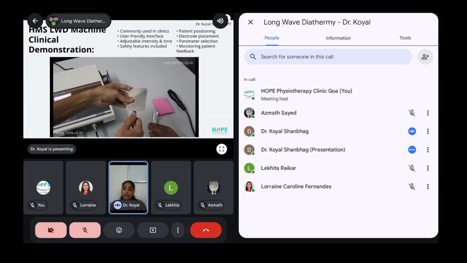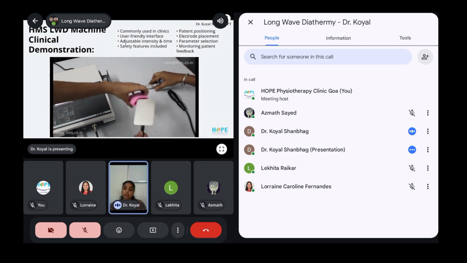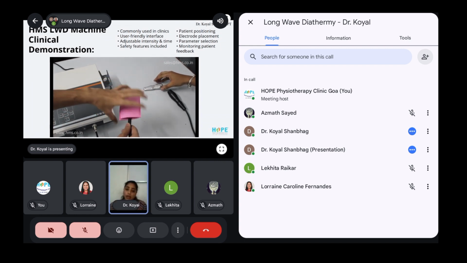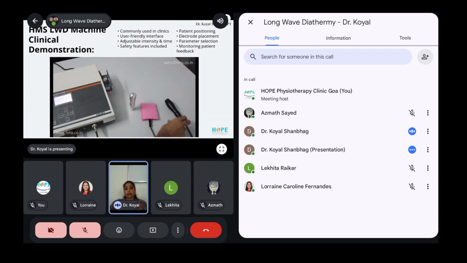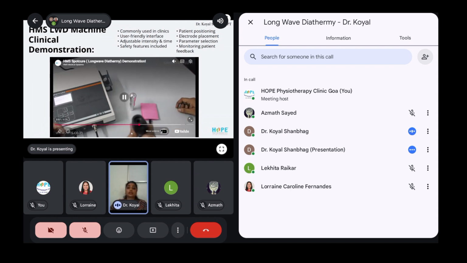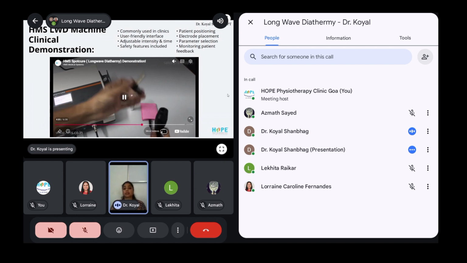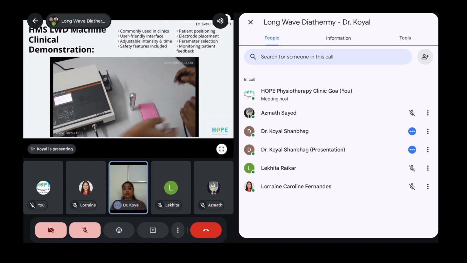And if we are attaching it to this flat electrode, it has to be covered by this lint pad and soaked in water for better circuit conduction. The 3 applicators that are there depend on the size of the area that is required to be covered.